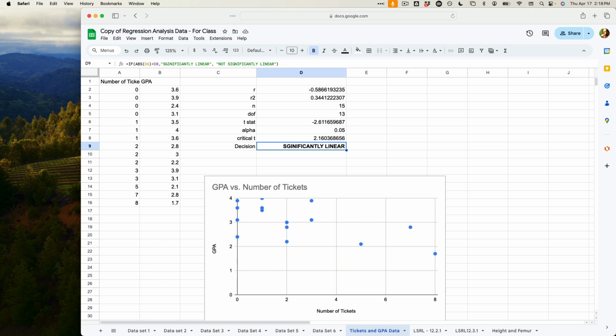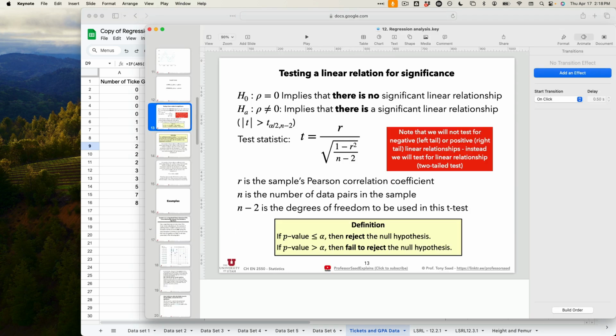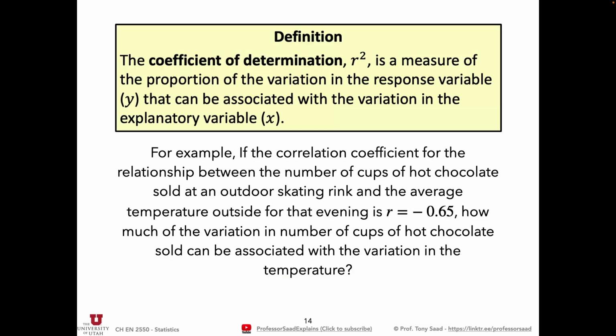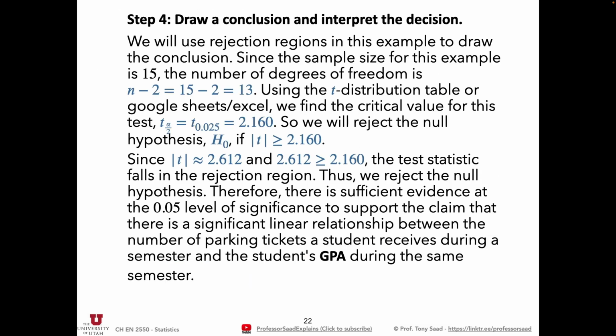You might have more tolerance for certain types of data and allow larger significance levels, could be 10% maybe. So this is significantly linear. It's a good thing. And that does it for this example.